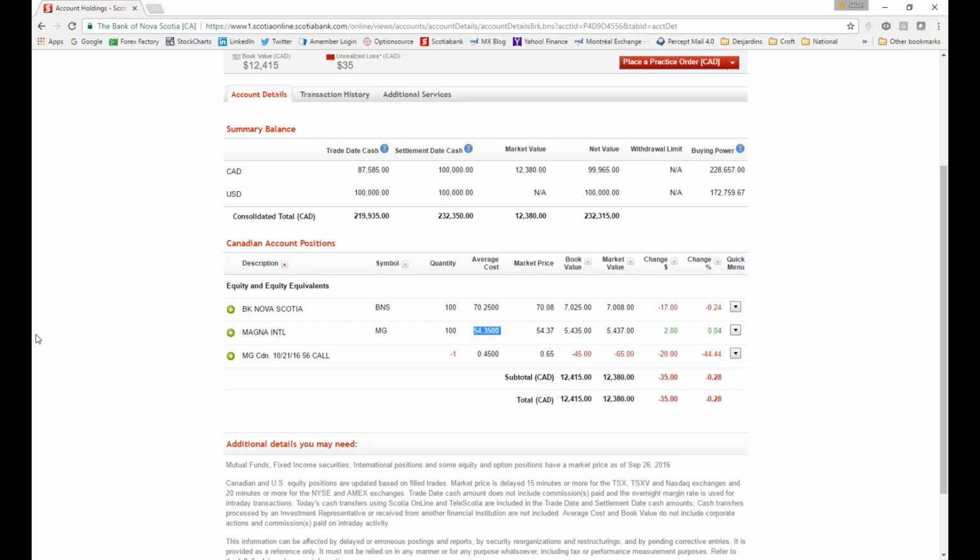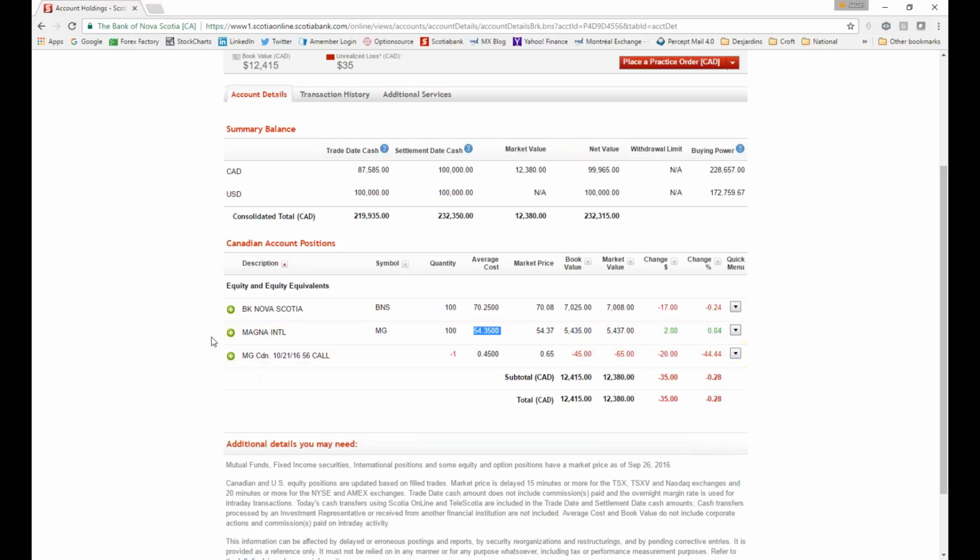So really what this means is that you've got a position here together that you would ideally look to see through till expiration, but if need be, you can manage each position independently. So let's say, for example, Magna started selling significantly, you'd be able to buy back the call option cheaper and sell the shares, get out of the position.